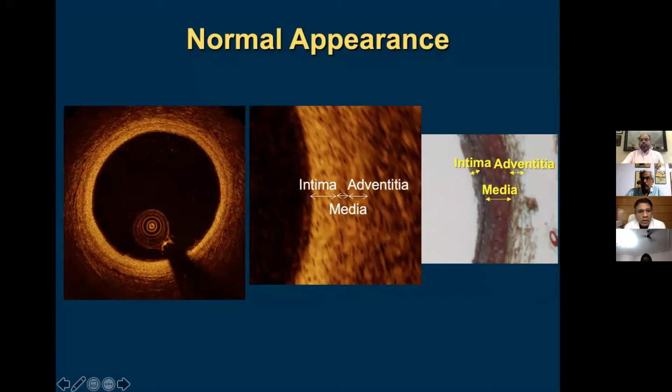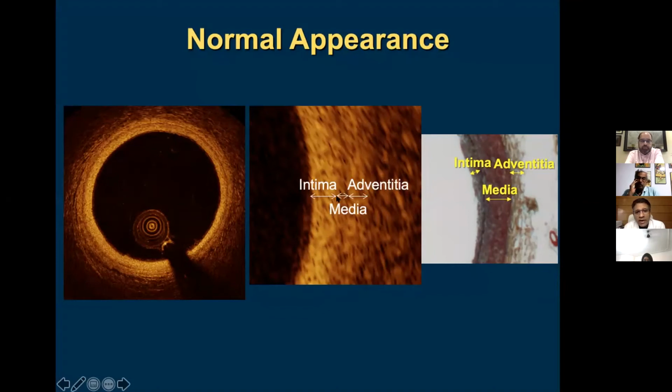Here is the catheter, the guide wire, and the tri-layer appearance. First the intima, a high backscatter, signal-rich unilayer, followed by the media, which is low signal and attenuated because it is composed of smooth muscle cells, followed by a heterogeneous mass of high backscatter adventitia.